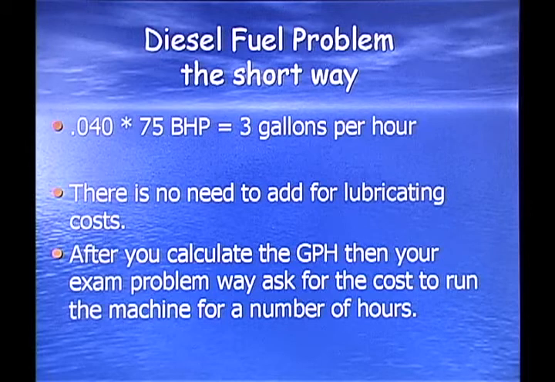If you remember the long way calculation, we ended up with 2.956 gallons an hour. Takes a lot longer and you've got to figure it out. This one you don't have to remember putting in 15% for lubrication costs. It's simply 0.040 times your bulk horsepower gives you your consumption per hour.